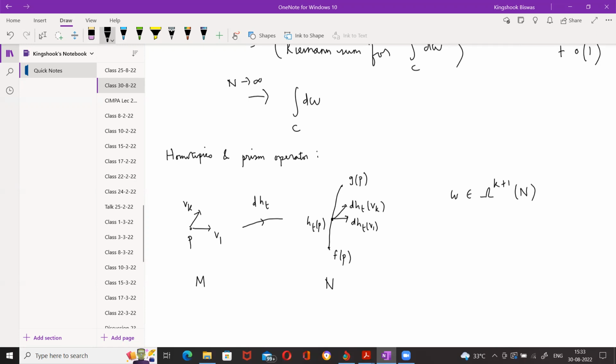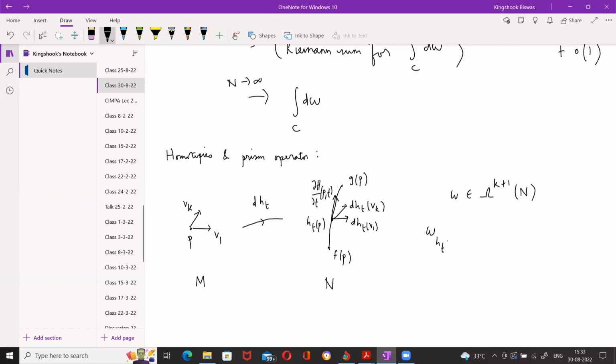It's going to be del h del t. Exactly. So it's going to be the tangent vector to this curve. So this will be del h del t of p comma t.